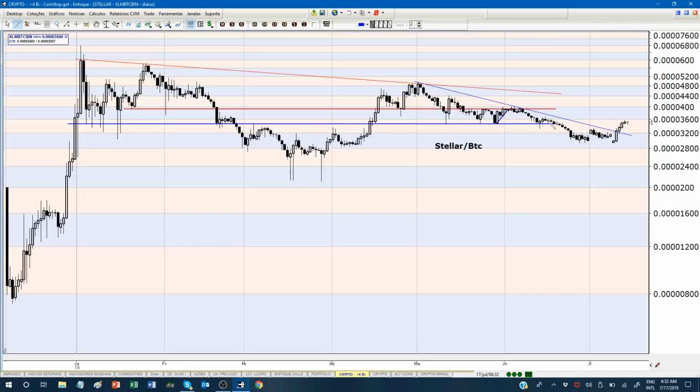Stellar just broke this resistance line as we were expecting, and is probably going to test its next resistance level at 4,000 Satoshis.